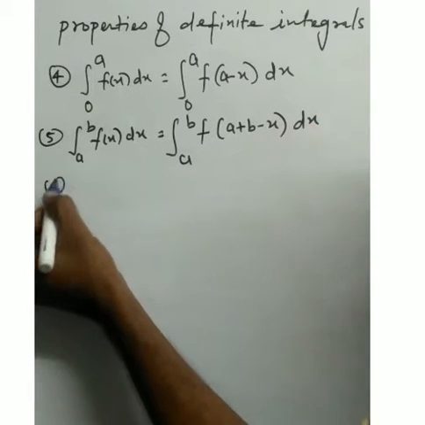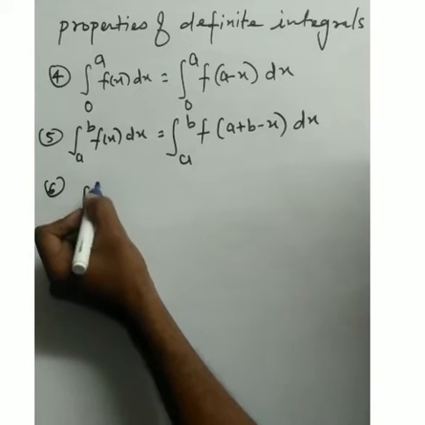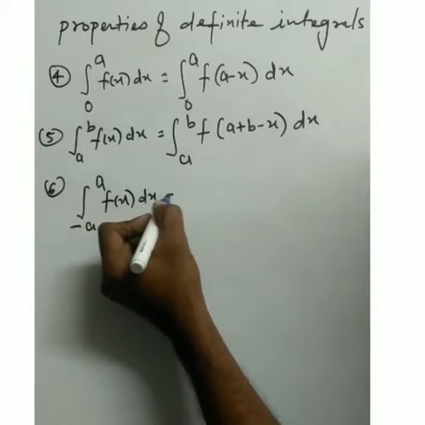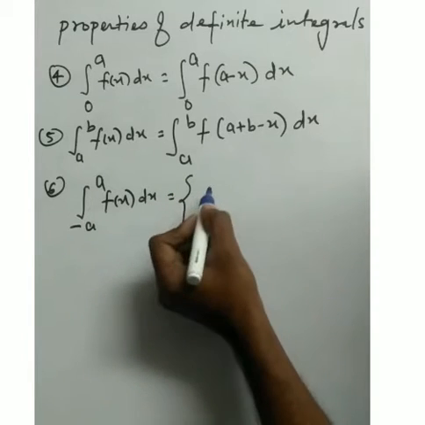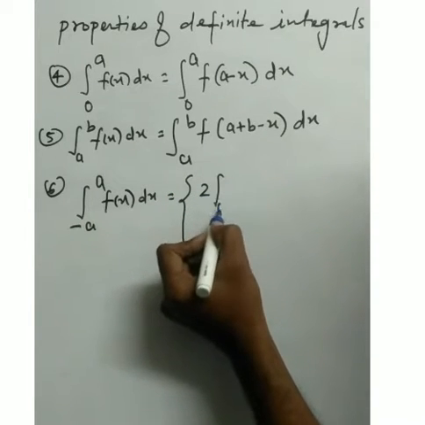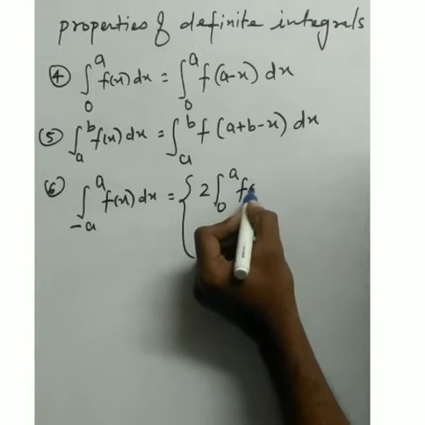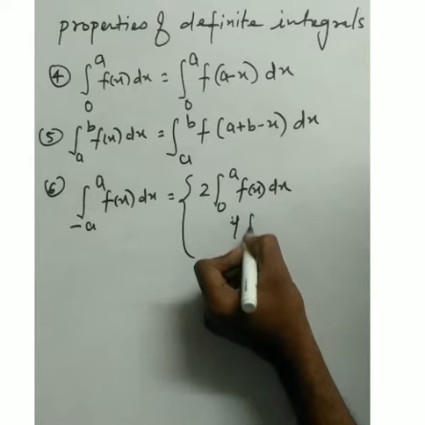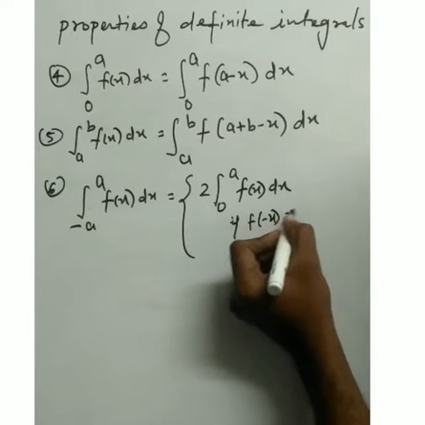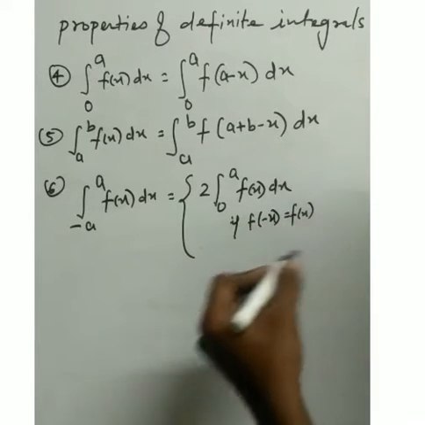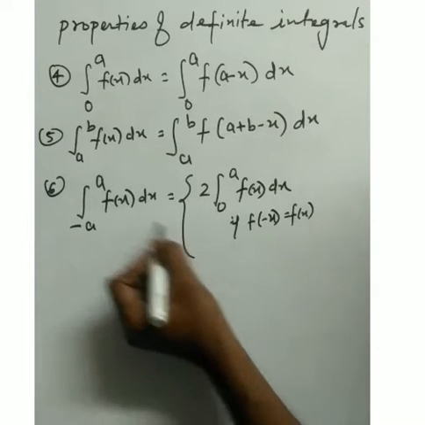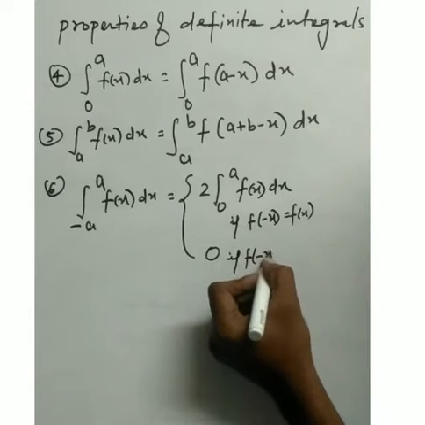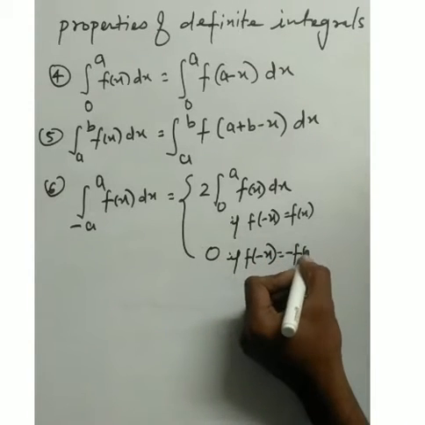The next property is integration of minus a to plus a f(x) dx. It is equal to 2 times integration of 0 to a f(x) dx if f(minus x) equals f(x), and it is 0 if f(minus x) equals minus f(x).